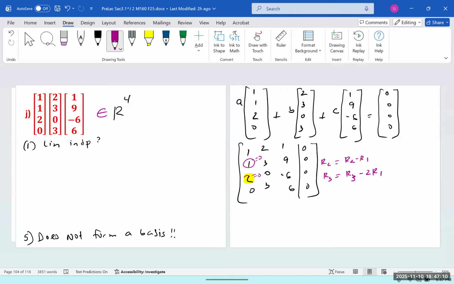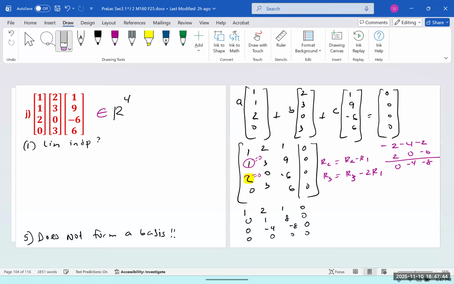So R3 minus 2R1. 2R1 means 2, 4, 2. And we have 2, 0, -6. So minus 2R1, we get 1, 2, 1, 0. 1 minus 1 is 0, 3 minus 2 is 1, 9 minus 1 is 8. And then this one we get 0, -4, -8, 0.